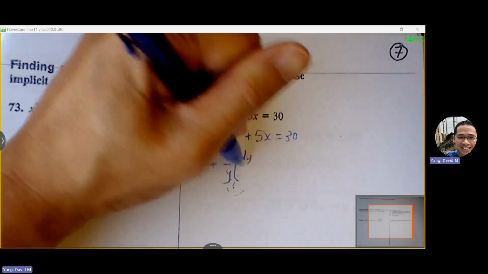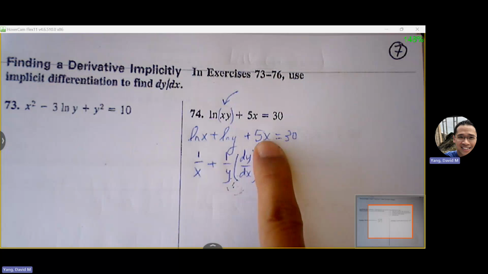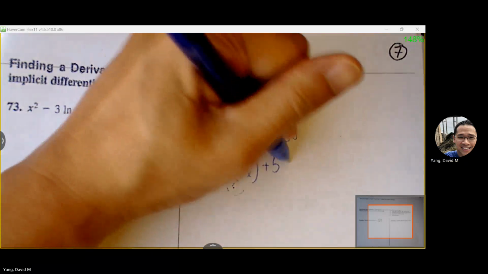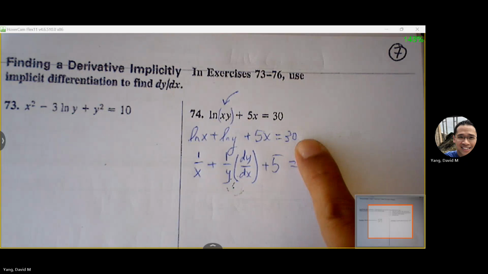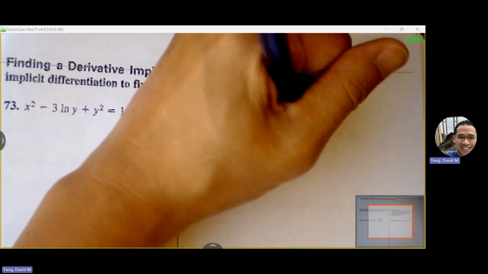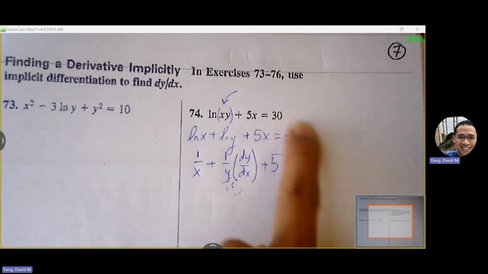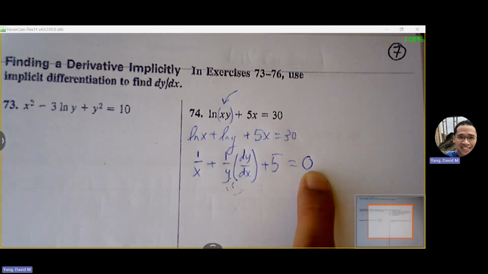Yeah, anytime we come across y's derivative, we need to include dy/dx. 5x becomes 5. Does the 30 stay? It's also impacted, so 30 is also getting pushed through the derivative process. What happens with 30? Yeah, so just be careful. Sometimes we think that the 30 is by itself. Okay, it's not really going through a derivative process, but it needs to.